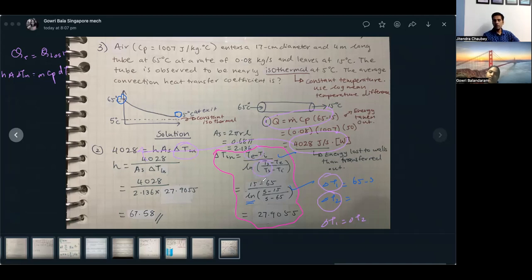In that case, you have to take delta T mean equal to delta T1, equal to delta T2. Don't use the delta T mean formula. If the temperature difference at entry and at exit is the same, directly take them as equal to delta T mean. That can be one of the situations you might face.